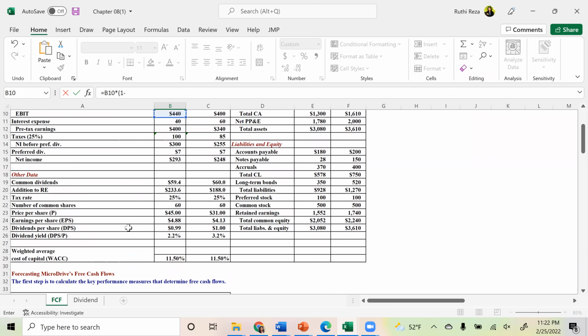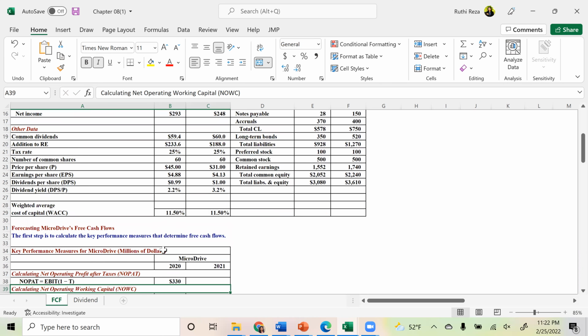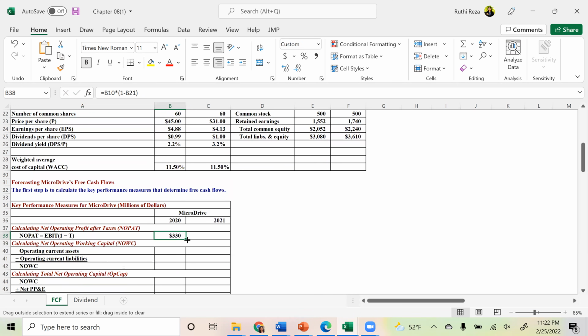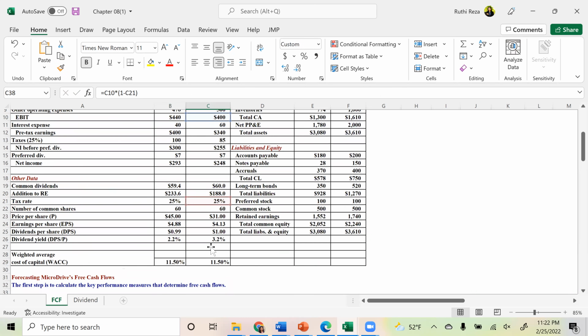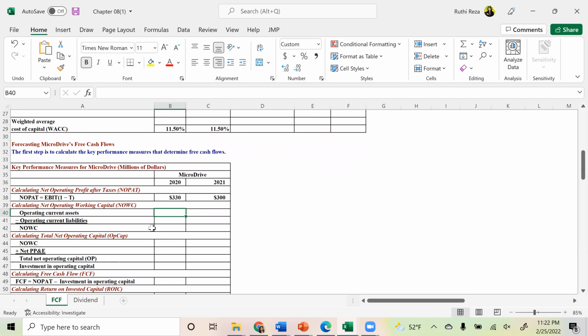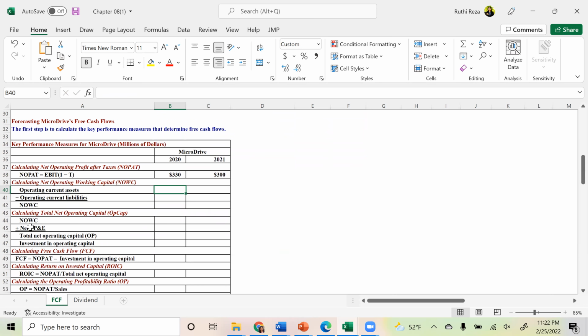And here our tax rate is 25%. Again, EBIT times 1 minus tax rate for the year 2021. So now we have one component of free cash flow to the firm.